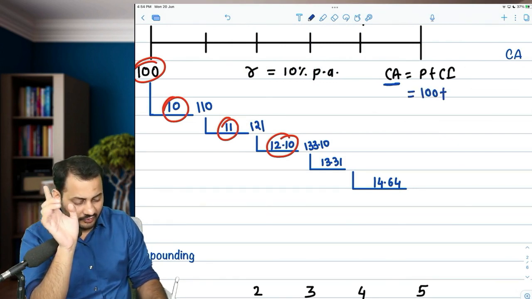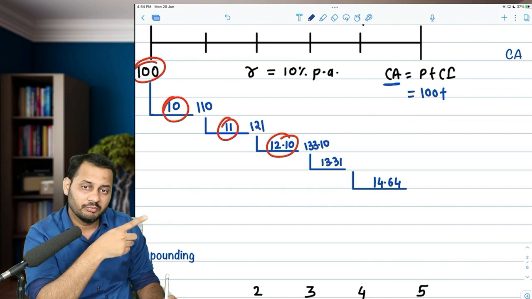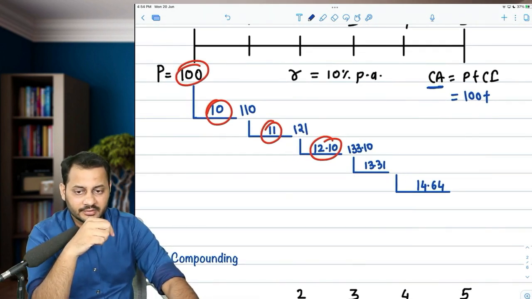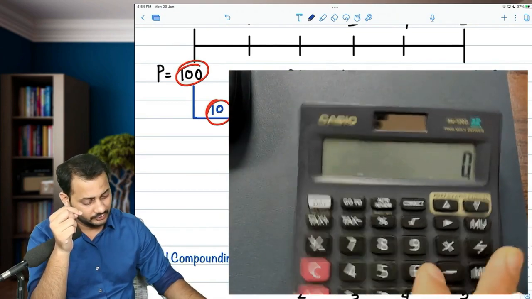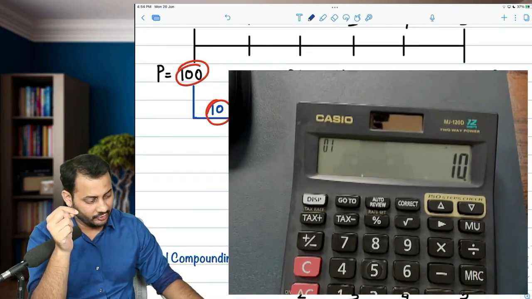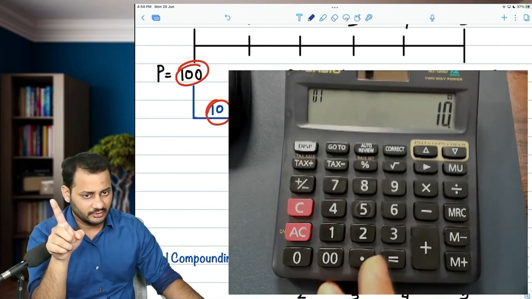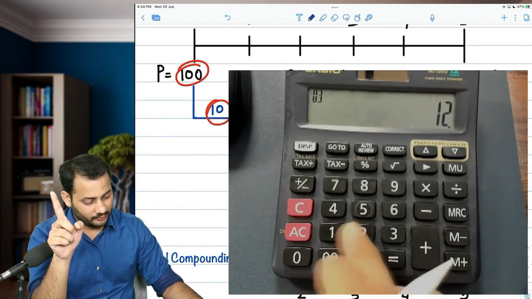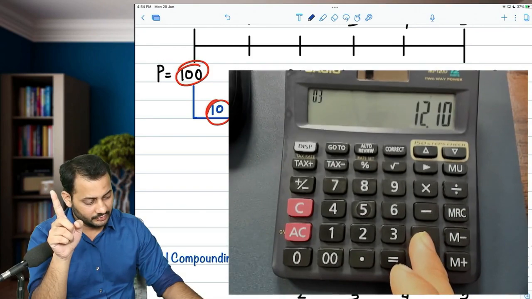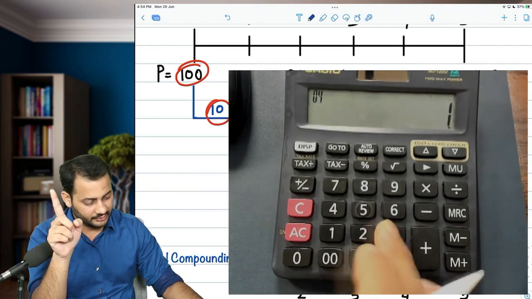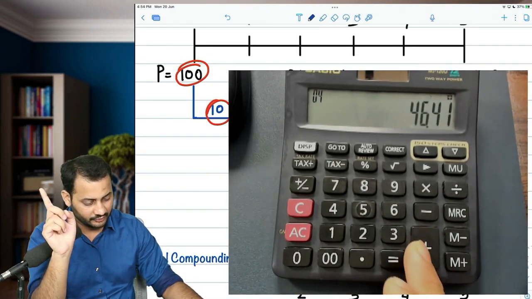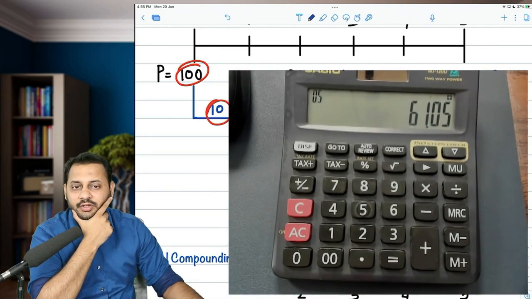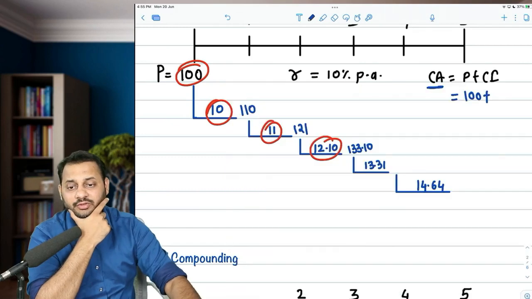principal of 100 and all the compound interest. If you total the compound interest, you will get something like this. 10 rupees of the first year, then 11 rupees of the second year, 12.10 interest for the third year, 13.31 interest for the fourth year, and 14.64 interest for the fifth year, totaling to 61.05.